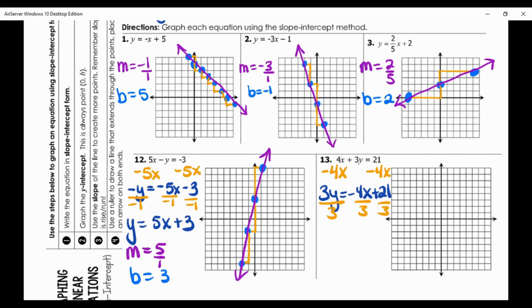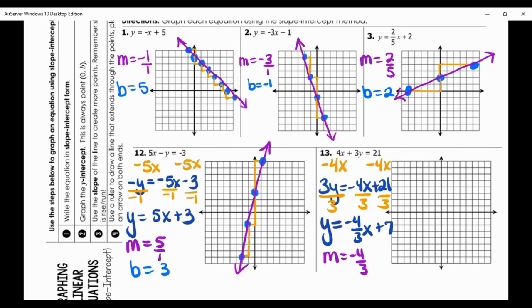So the equation in slope-intercept form is y equals negative 4/3 x plus 7, which makes the slope of the line negative 4 over 3, and it makes the y-intercept at 7.